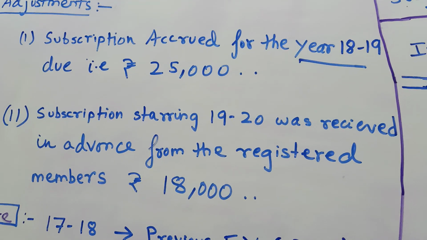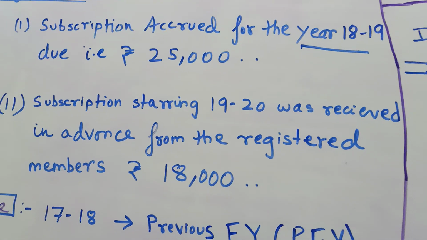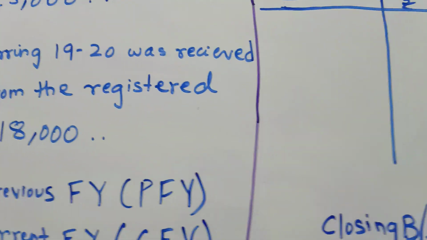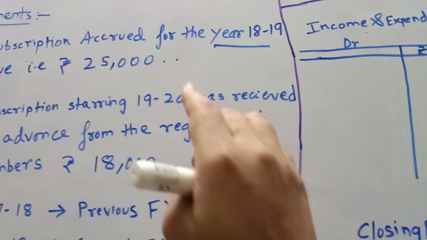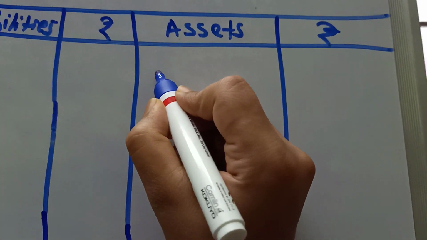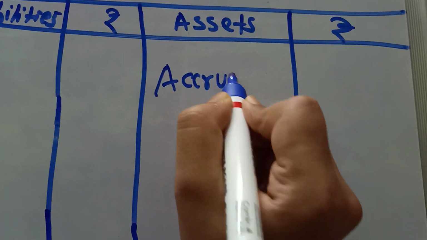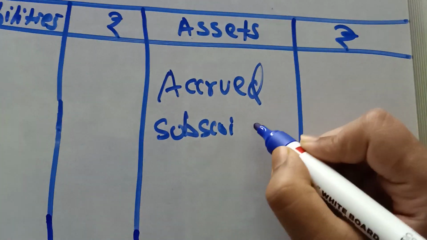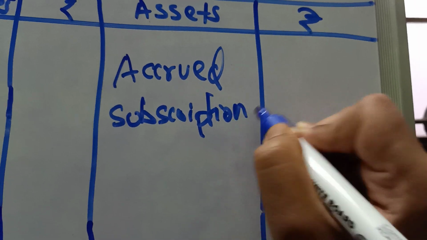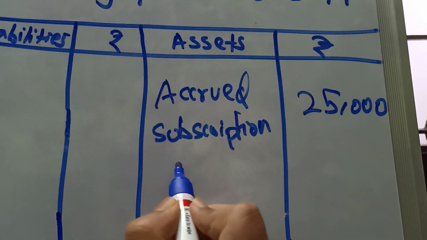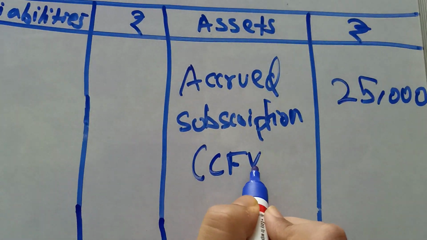So similarly, this is also a debtor, but we cannot write it in the name of debtors. Hence we are bound to write it as accrued subscription. So here we write this 25,000 as accrued subscription that is not received, accrued subscription, that stands 25,000. In the bracket you can write it's for current financial year.